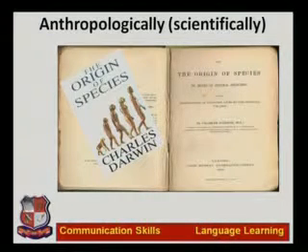The next aspect is anthropological and scientific. As we all know, Charles Darwin came up with his book The Origin of Species, where he declared that man once upon a time was an ape.